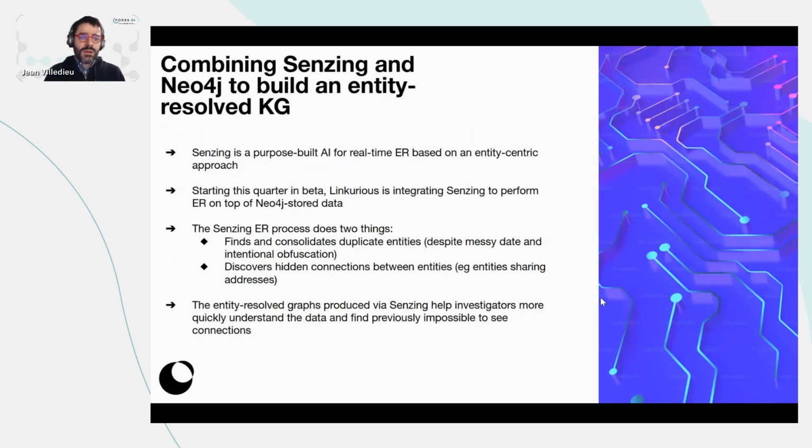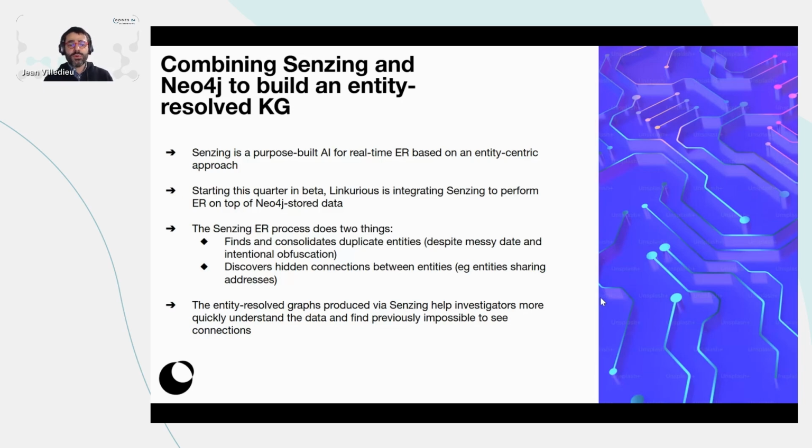For that reason, we have decided to partner with Sensing to help to facilitate the ability to build entity-resolved knowledge graph. Sensing is a purpose-built AI for real-time entity resolution that's based on an entity-centric approach. And starting this quarter, Linkurious is integrating Sensing to perform entity resolution on top of Neo4j stored data.